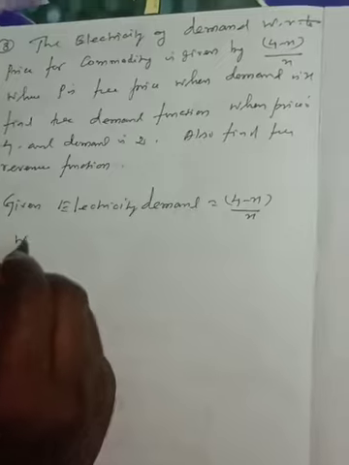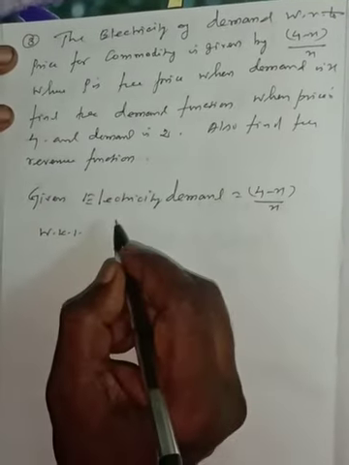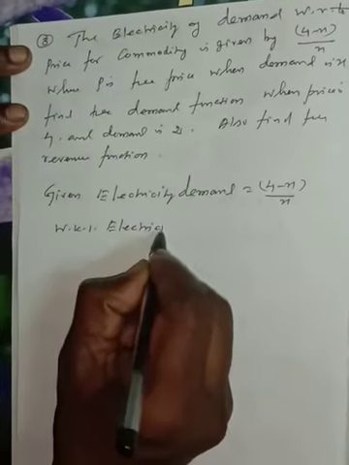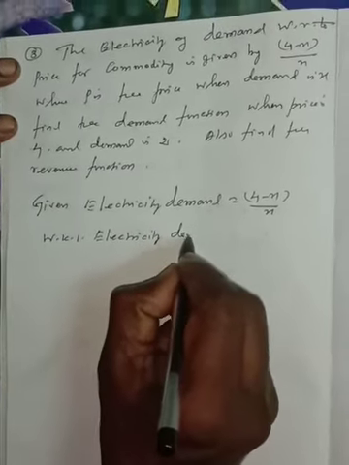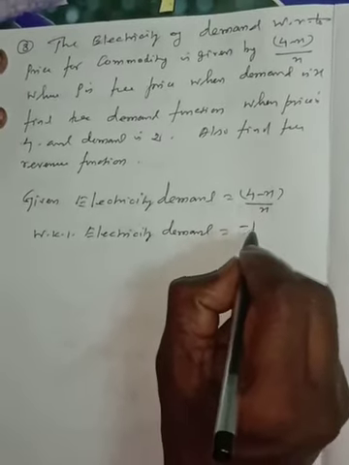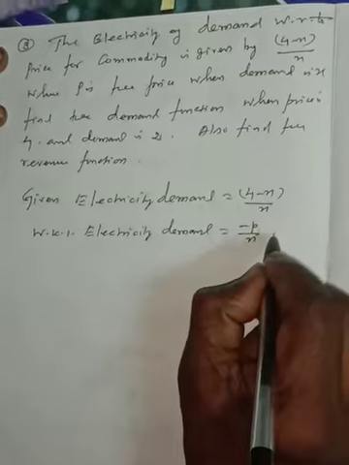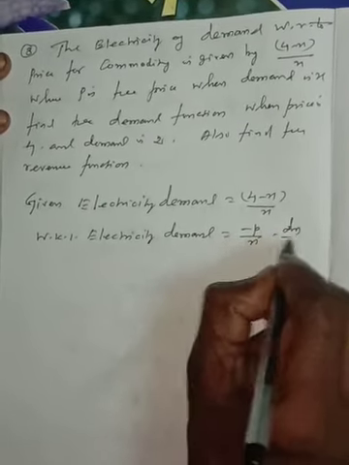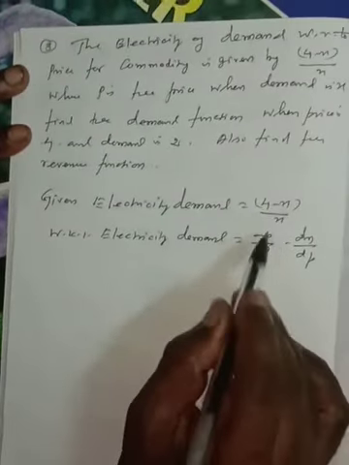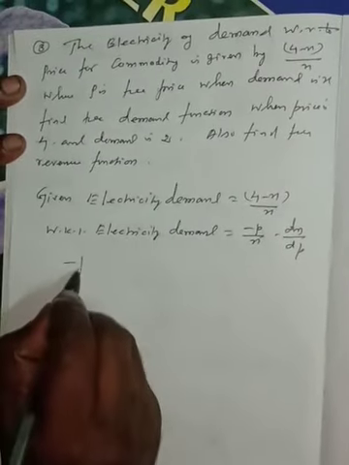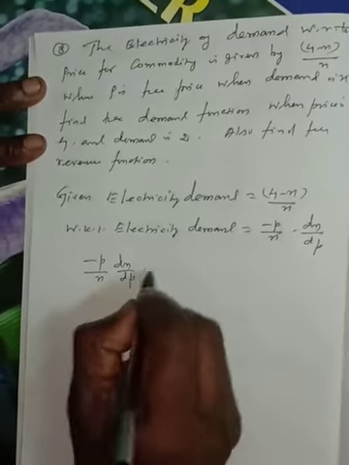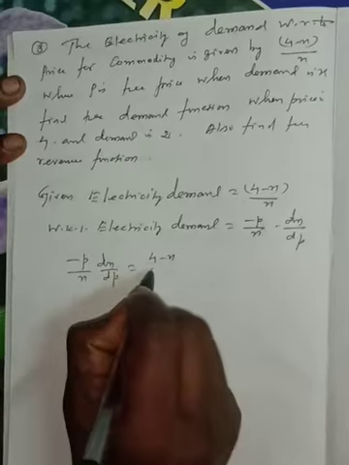We know that elasticity of demand is equal to minus p by x into dx by dp. So these two are equal. Minus p by x dx by dp is equal to (4 minus x) divided by x.